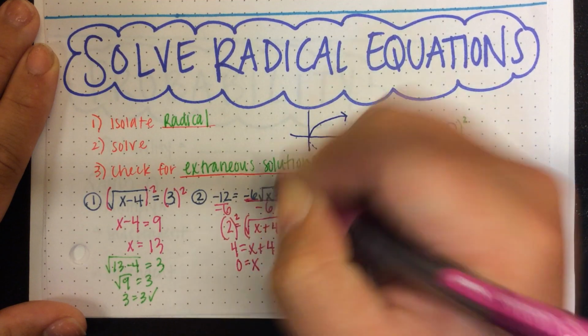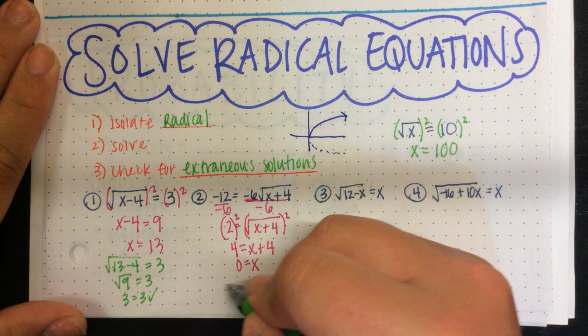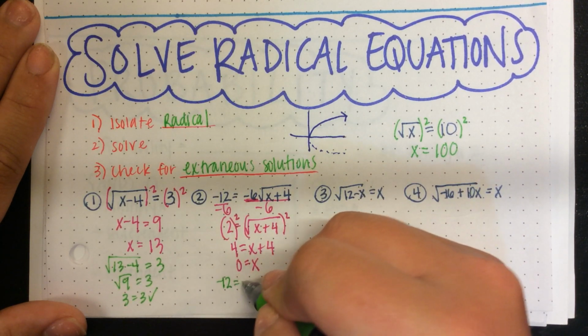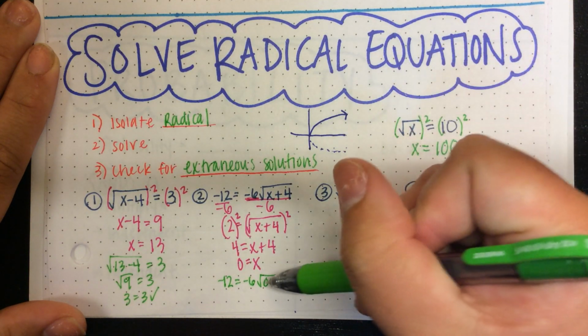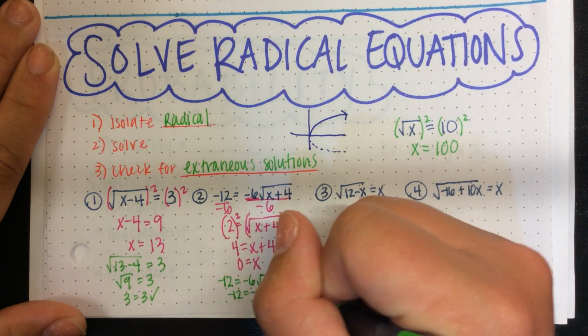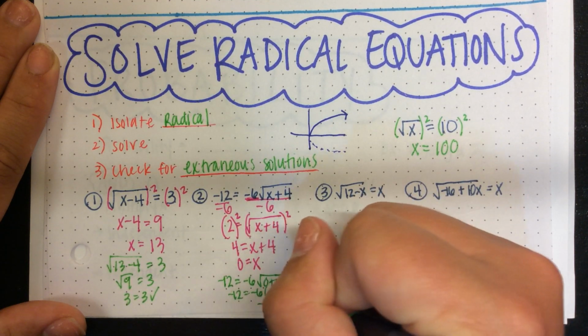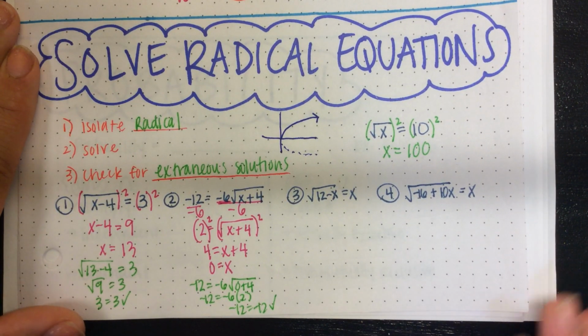Subtract 4, and we get x equals 0. Always double check. So we've got negative 12 should equal negative 6 times the square root of 0 plus 4. Okay, 0 plus 4 is 4. Square root of 4 is 2. So negative 6 times 2 equals negative 12. So it works. Got to double check.